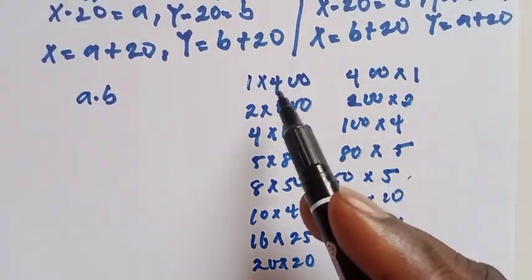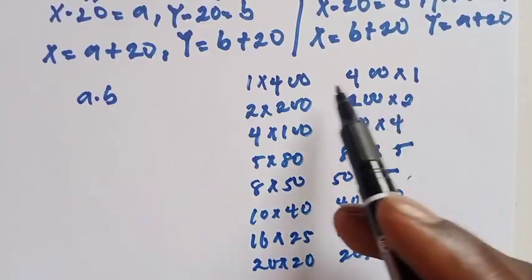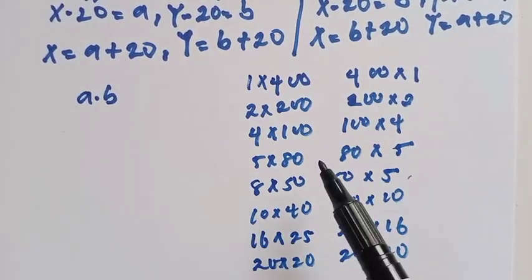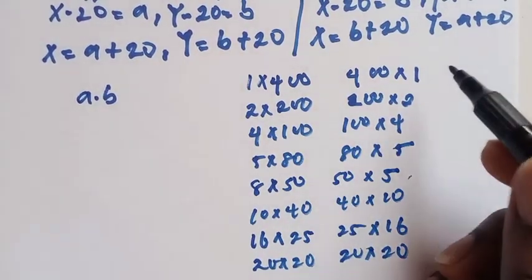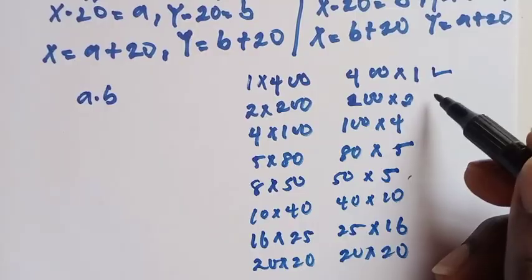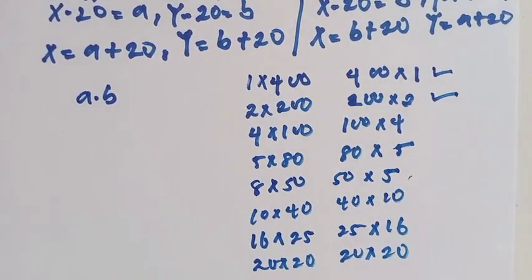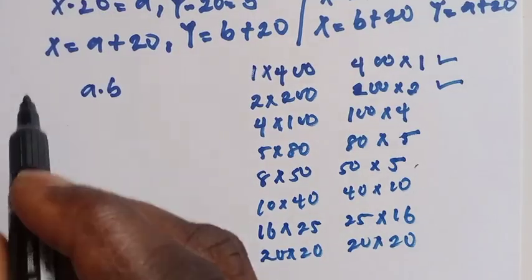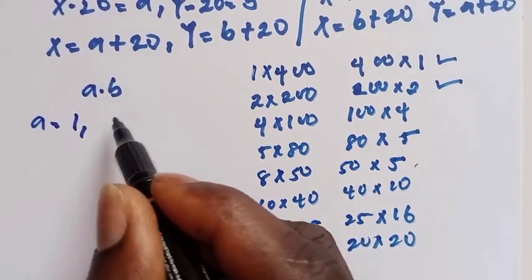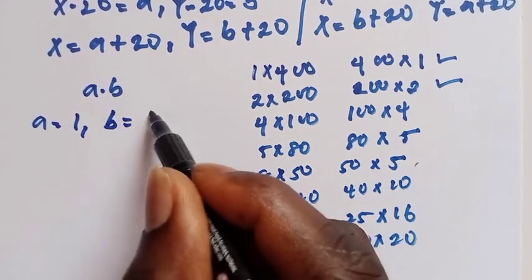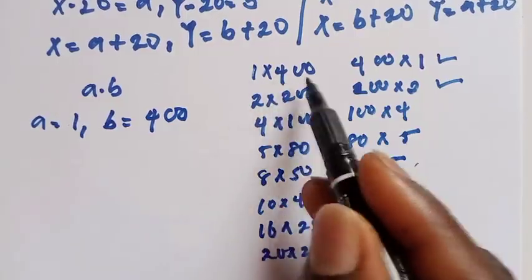So now we're going to take each of these factors into our equation to get the values of x and y. I'm going to work with just this and this, and then you can try out the rest. So working with the first one, our A here is equal to 1, and then B is equal to 400.